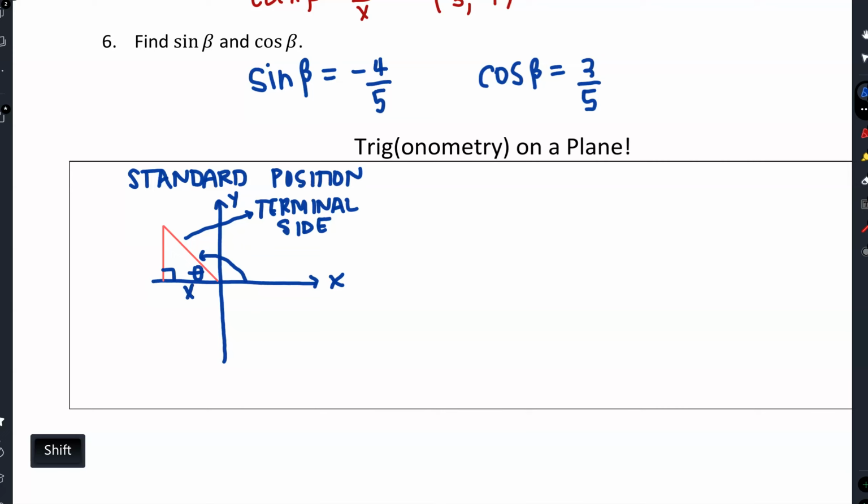So we now will be in terms of x, y, and we call it r. So our r is now our hypotenuse, so almost like a radius. Okay, so r is for our radius. So remember hypotenuse squared, so x squared plus y squared. So now we're going to turn it into r.